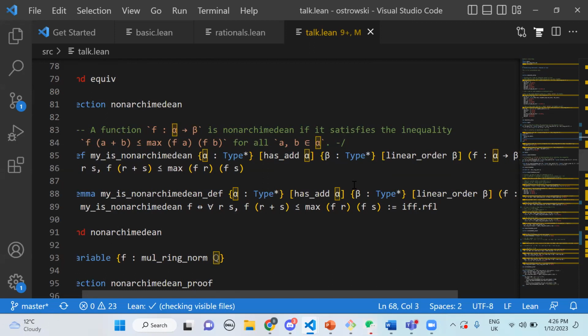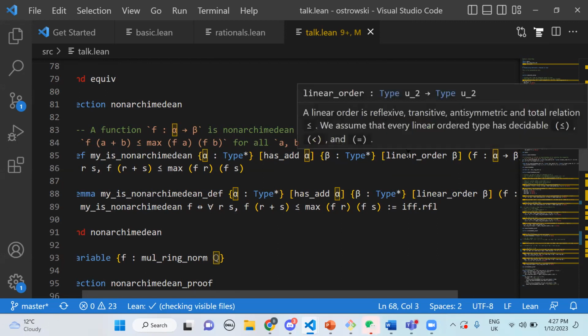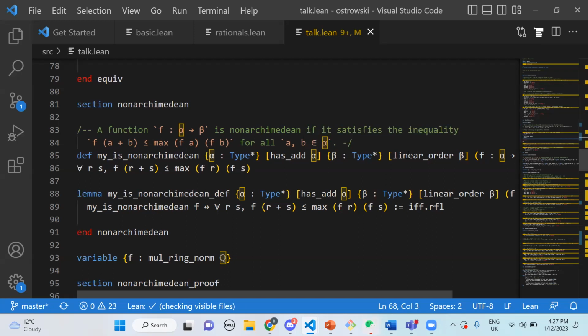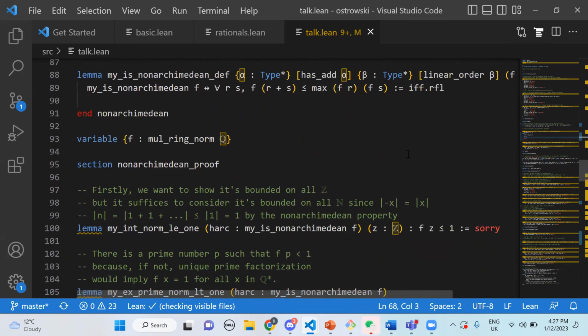I actually forgot what is meant by linear order, so I can put my mouse on this. A linear order is a reflexive, transitive, antisymmetric, and total relation. The reason we use linear order here is that there is a less-than-or-equal symbol here. So this is the non-Archimedean property. This is basically what we talked about in our slides, how we formalize these definitions in Lean.